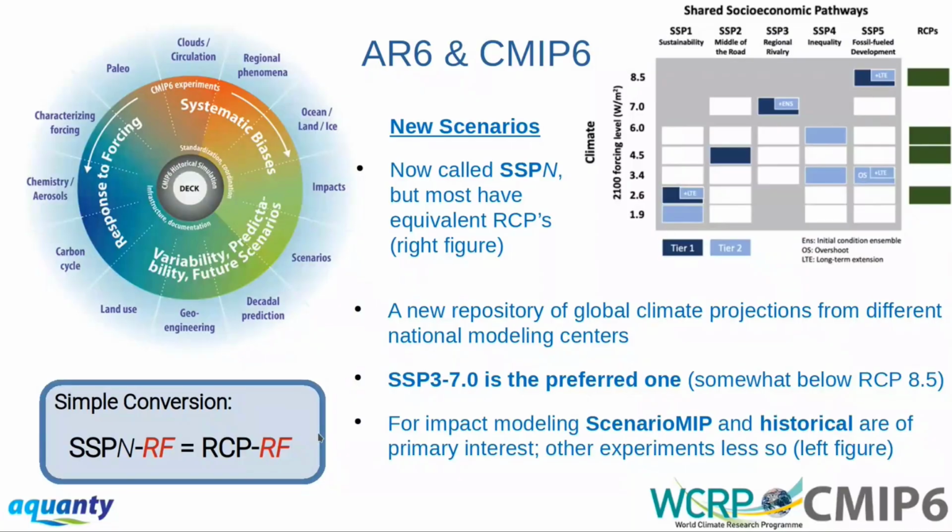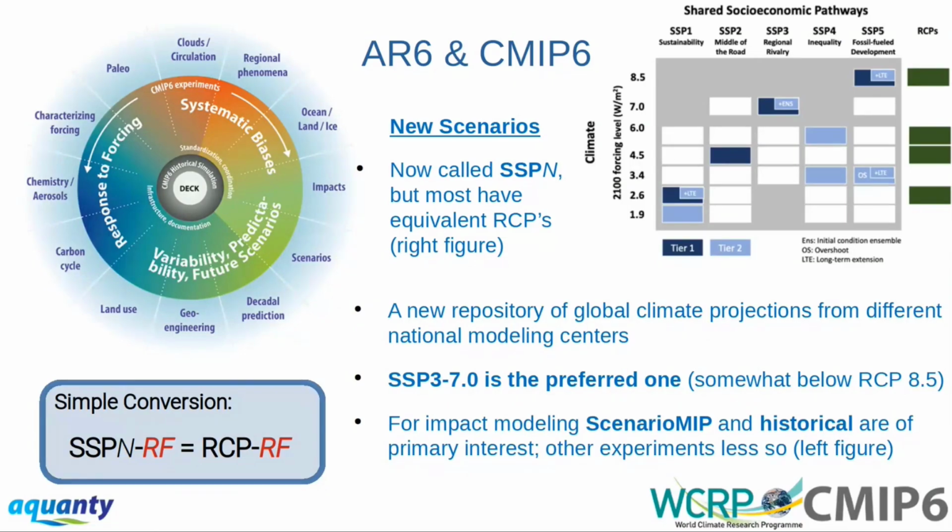You can convert RCP scenarios to SSP scenarios basically by just looking at the last 2 digits. RCP used to have these 8.5, for example, or 6.0. And these are still appended after the dash to the SSP scenarios as well. And the meaning of these 2 last digits is the same.